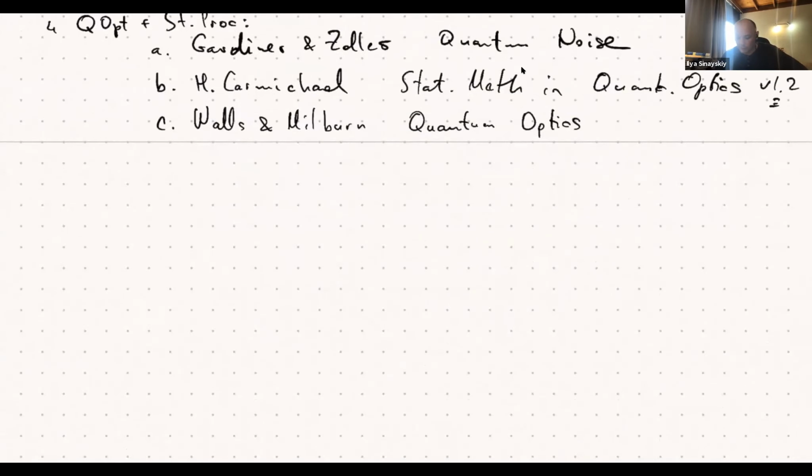In the case of Carmichael's book, it has its limitations. He considers quantum optics with real light and real matter, in the sense of 2-level systems interacting with visible light or radio frequency light. These approaches are inherently Markovian.